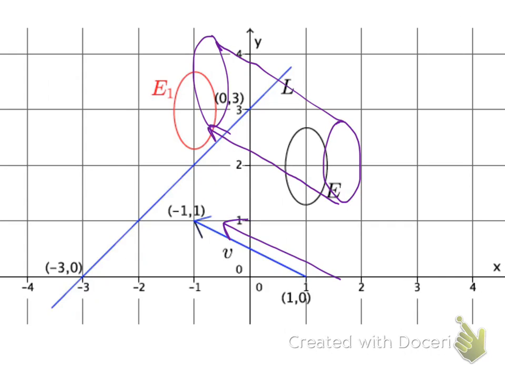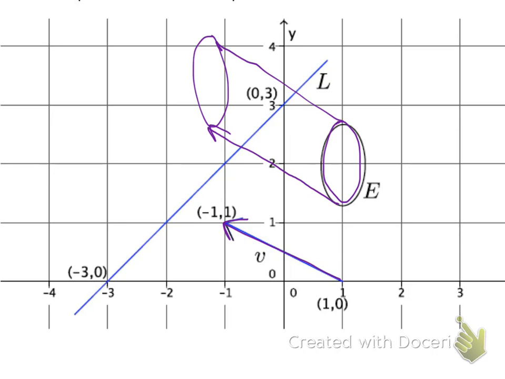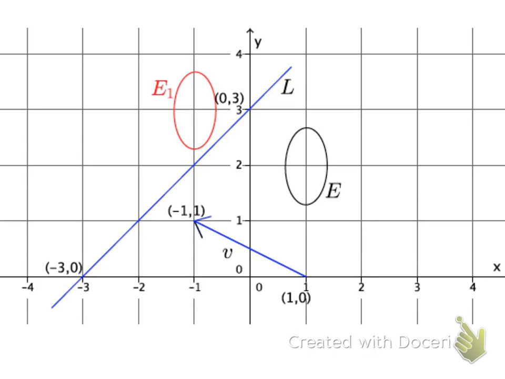I have it precisely drawn here. Here we have the image E1 of our figure E under this translation vector.